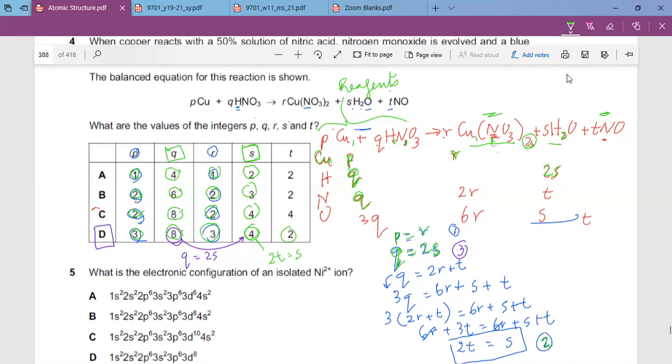Very easy, isn't it? So it's 2R. Here nitric monoxide, you have 1, so T moles of T. So Q equals 2R plus T.